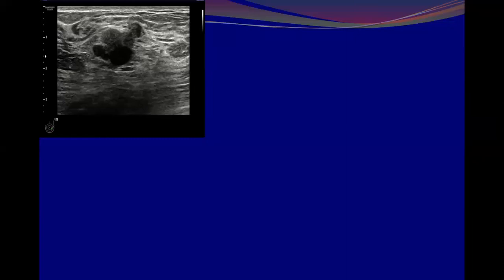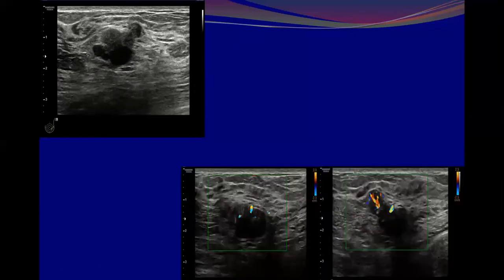And yes, it is complex. So how are you going to help yourself, looking at this lesion, to make sure this is a cystic part? Doppler. Excellent, well done. Then we have to use Doppler.